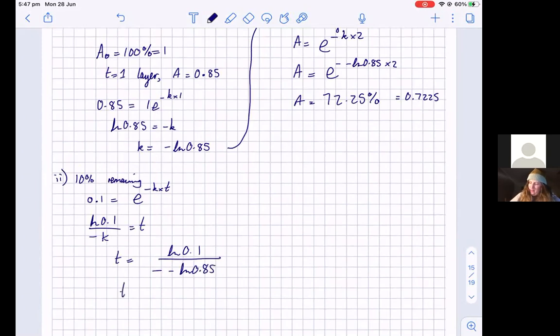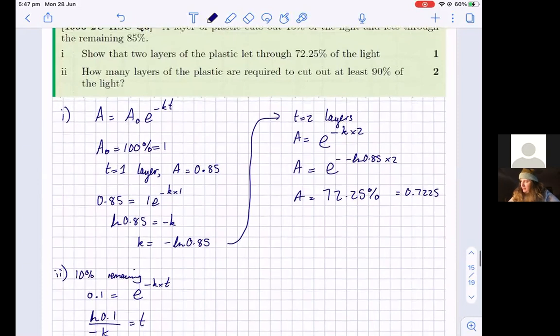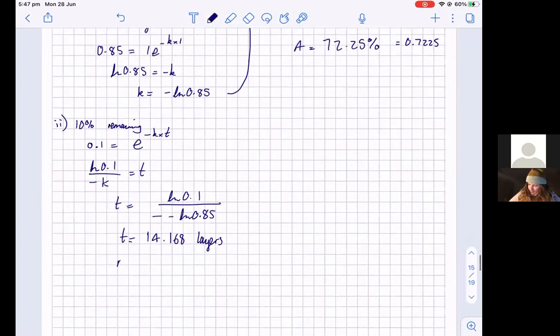The negatives cancel out. There's really no use having negative in that thing. It's convenient, I guess. We've got ln 0.1 over ln 0.85 gives us 14.168 layers. Now we want to cut out at least that much, and we can't have 0.168 layers, so we will need 15 layers.